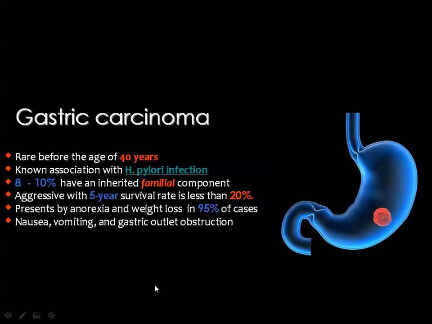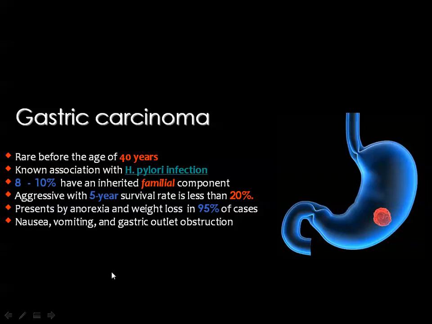Then we come to the gastric carcinoma, which according to the literature is rare before the age of 40 years, and it has an intimate relation to Helicobacter pylori infection, and a good percentage of the tumors are familial in nature, and the most common presentation is anorexia and weight loss.